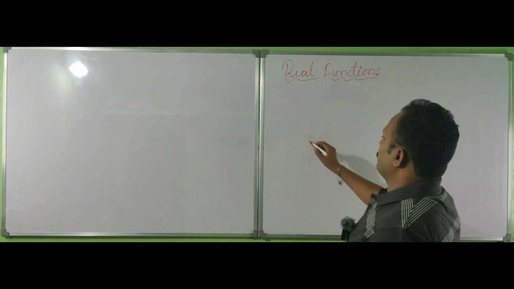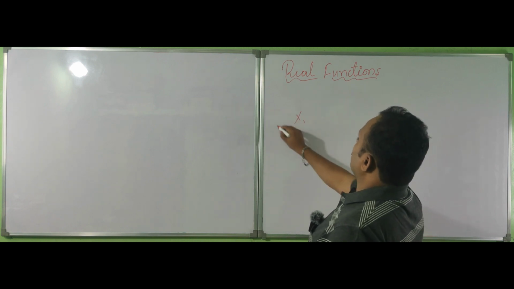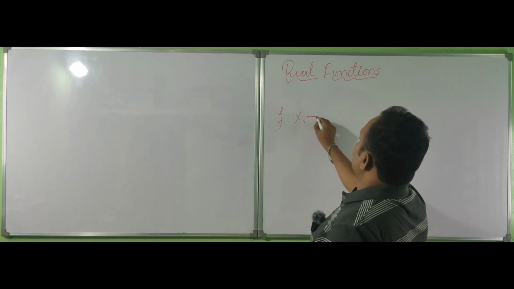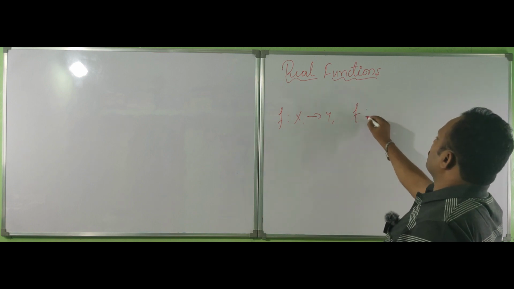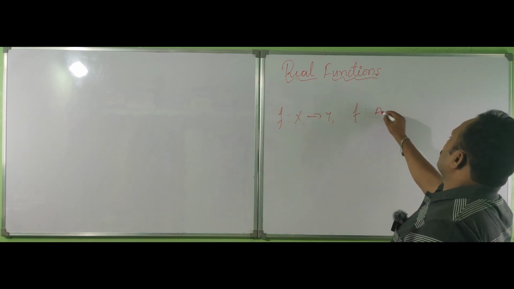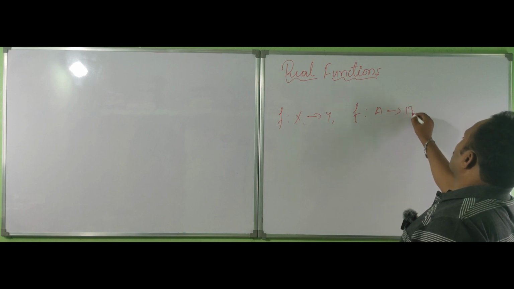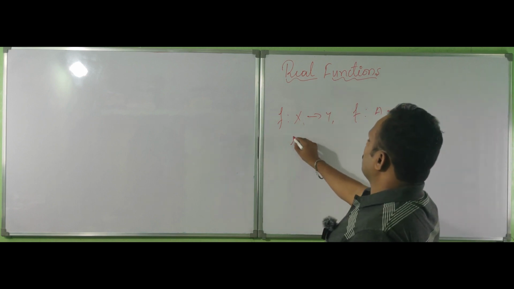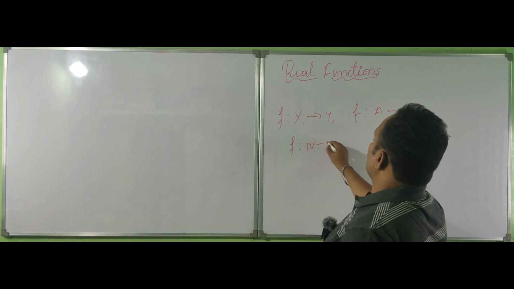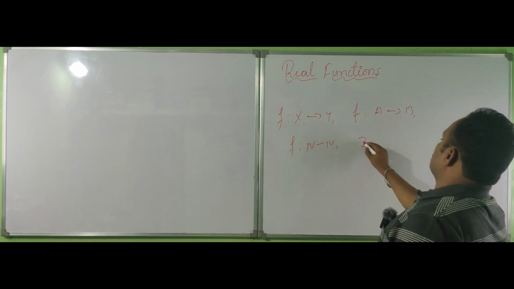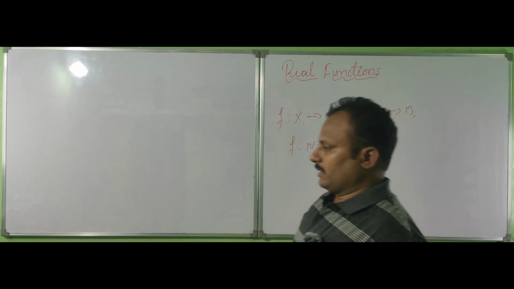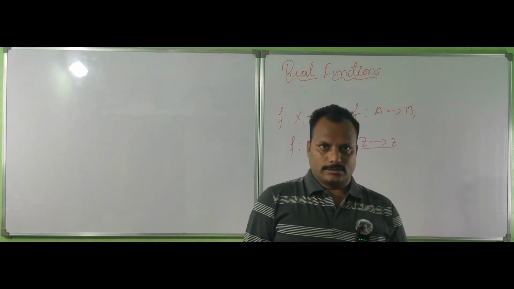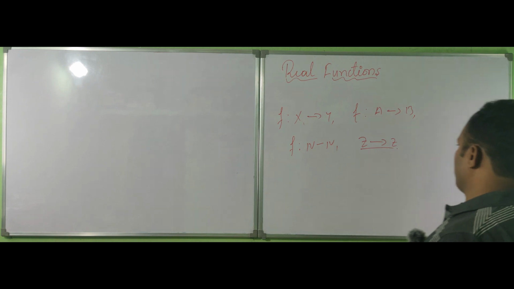So already you know, you take some x, y, the function is from x to y, or from a to b. Other terms like that: f is from N to N, Z to Z.